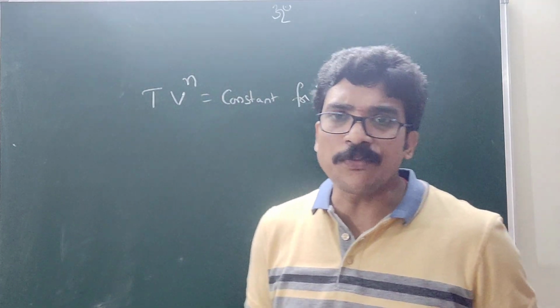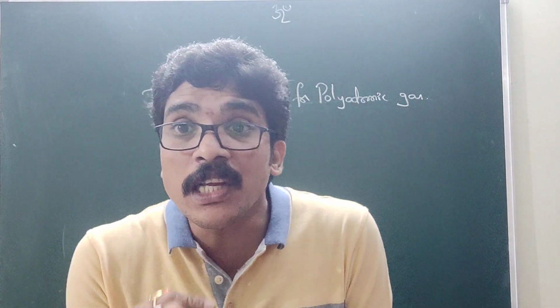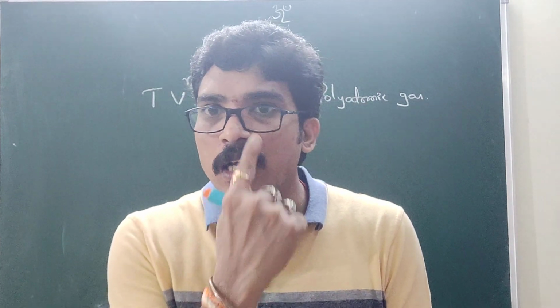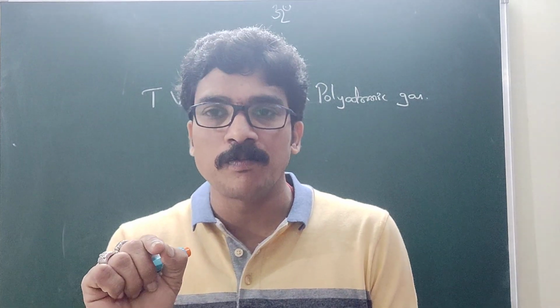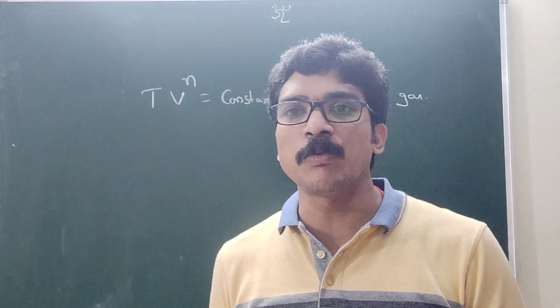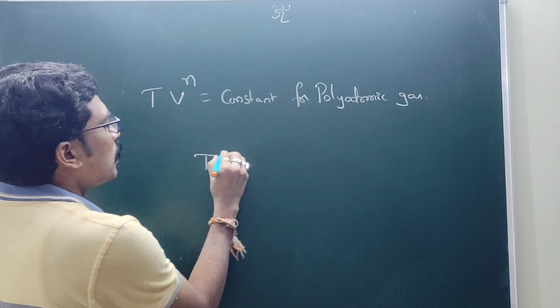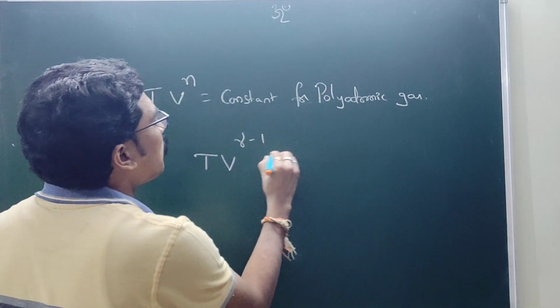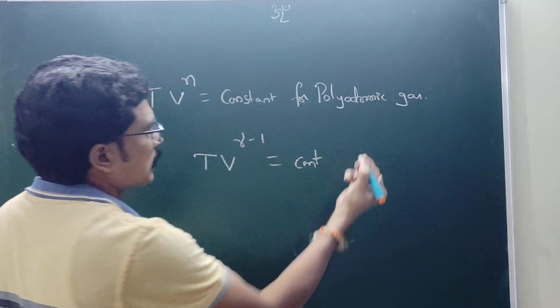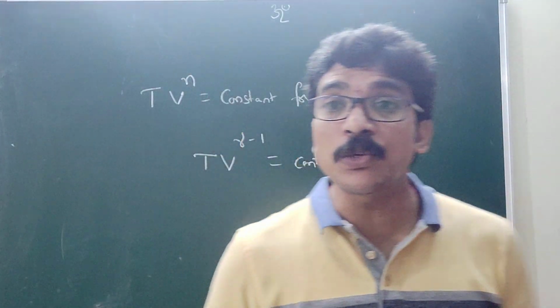First of all, what is the relation between temperature and volume for an adiabatic reversible process? We know TV power gamma minus 1 is equal to constant.